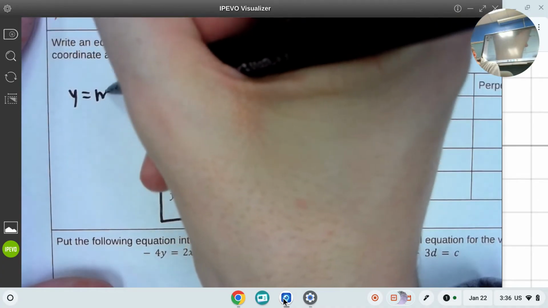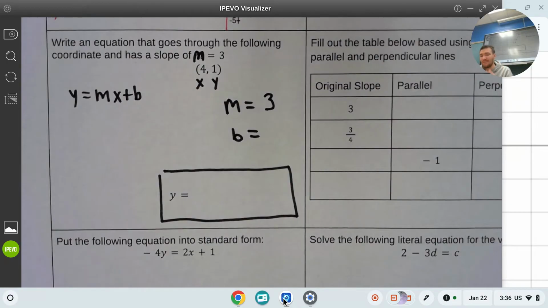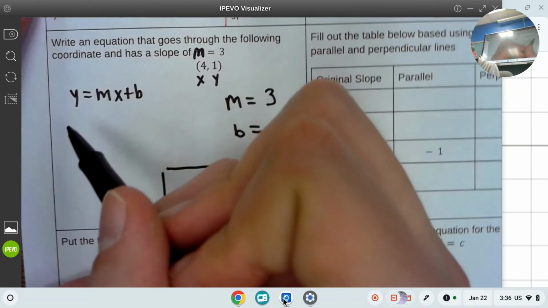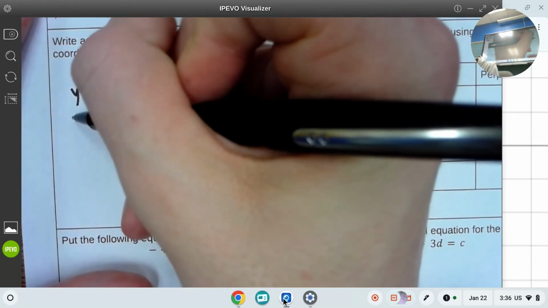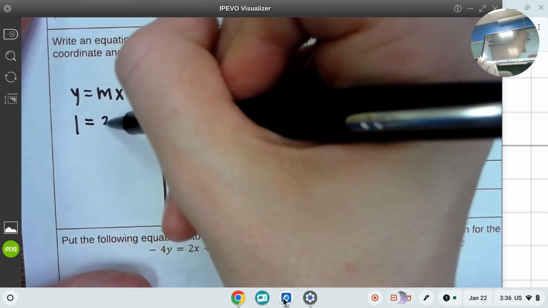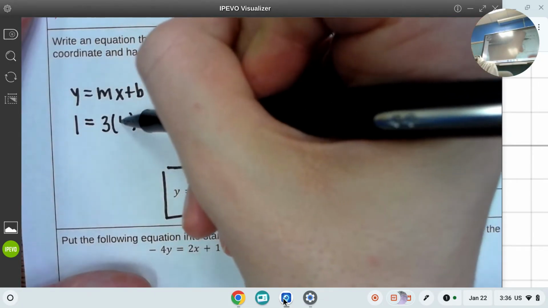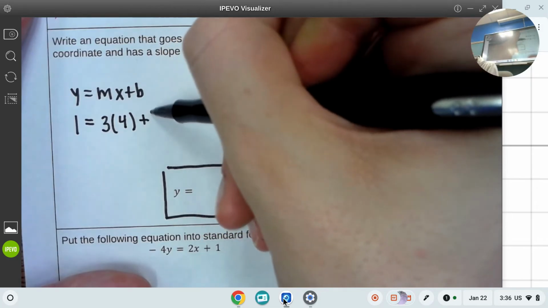We got y equals mx plus b. And we need to plug these 3 numbers into 3 of these letters. So, which number comes first in the y position? 1. In the m position is 3. In the x position, we normally use parentheses, is a 4 plus b.